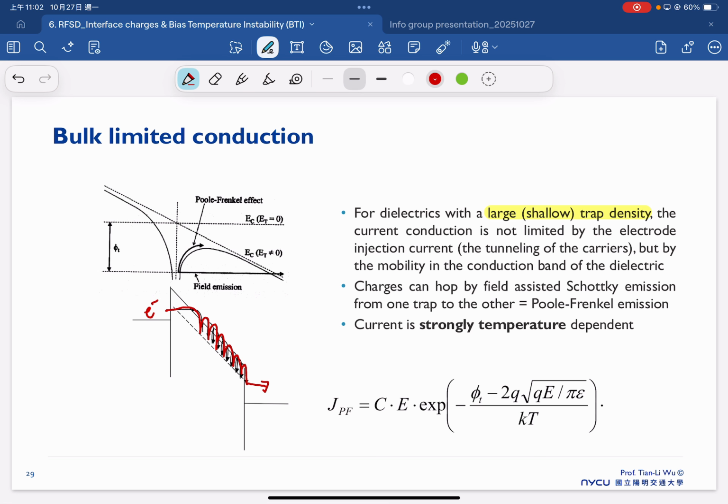And this is a case where our ET is small.